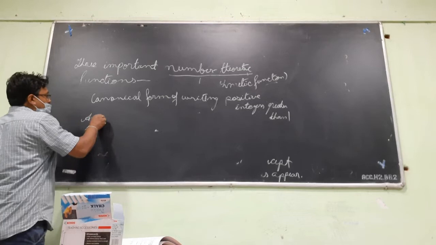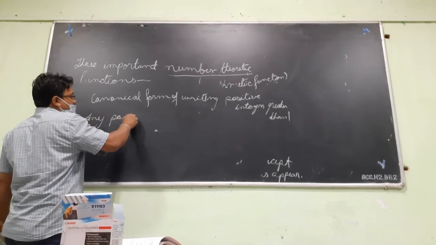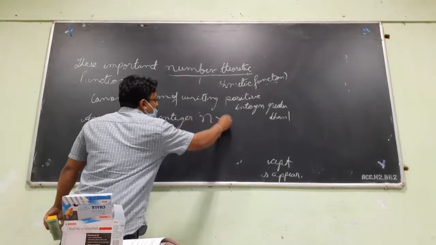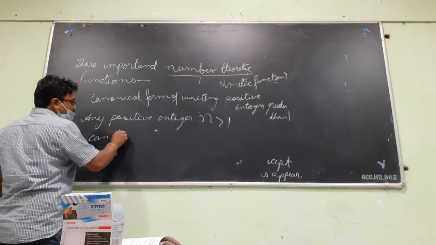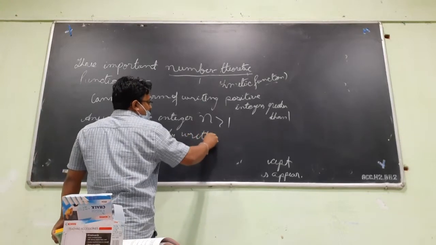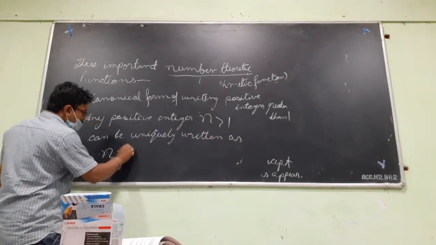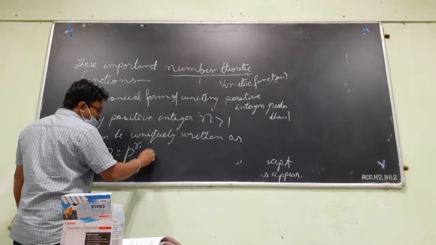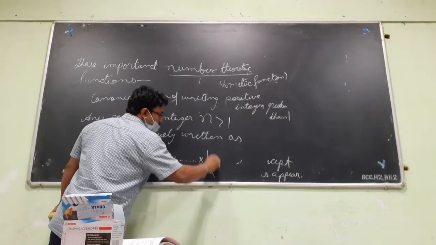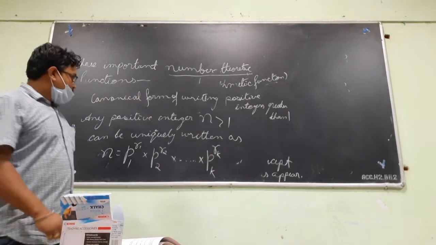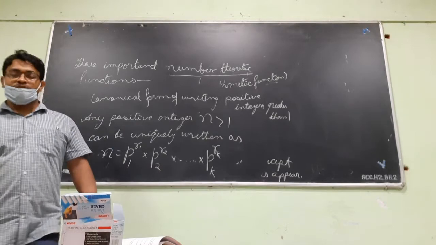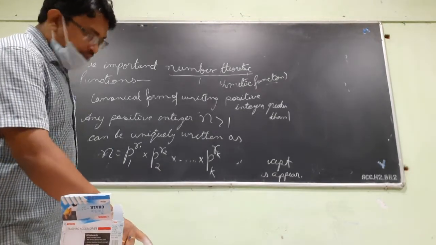Any positive integer n greater than 1 can be uniquely written as n equal to p1 to the power r1 into p2 to the power r2 into pk to the power rk, where p1, p2, pk are distinct primes, and we can order them.